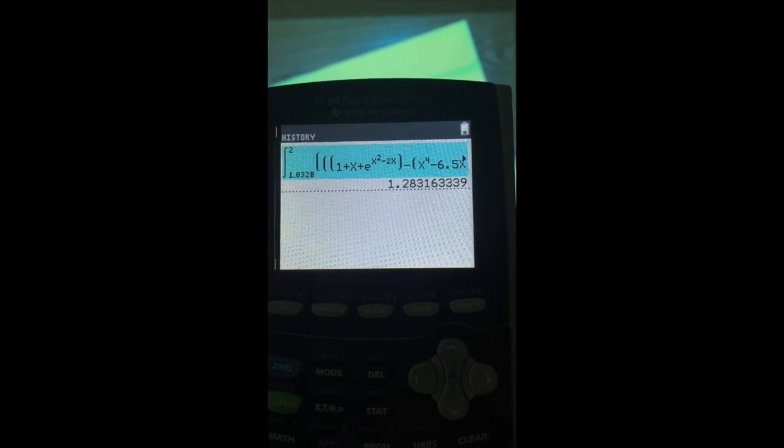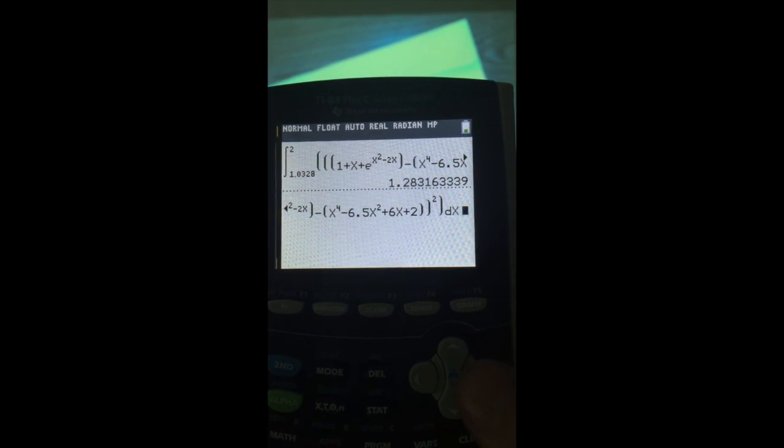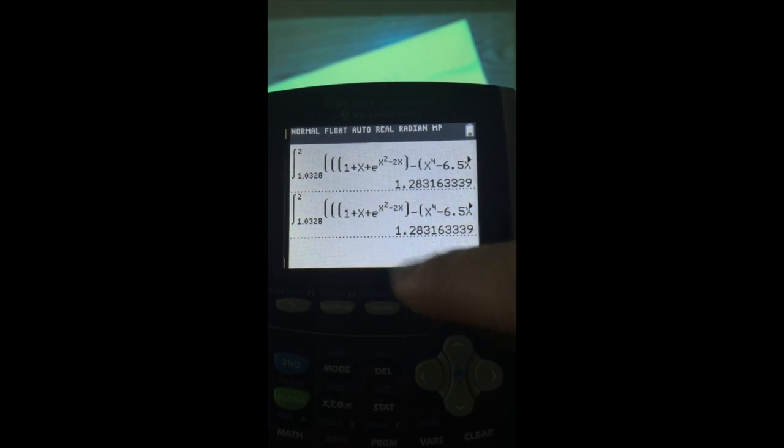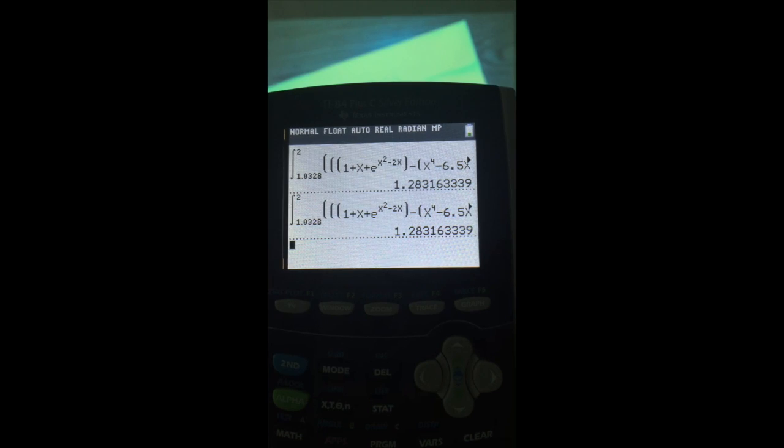And the volume of the equation is approximately 1.2832. Now we have found the volume in region S, so let's move on to part C.